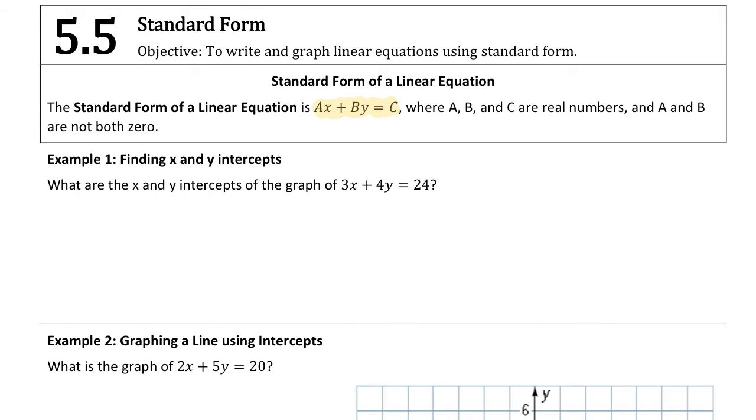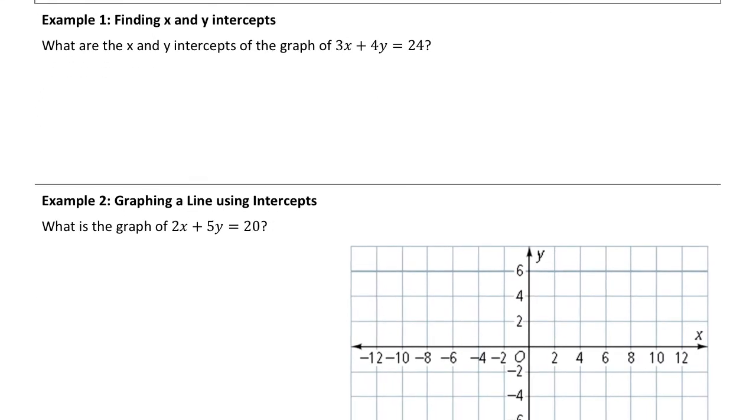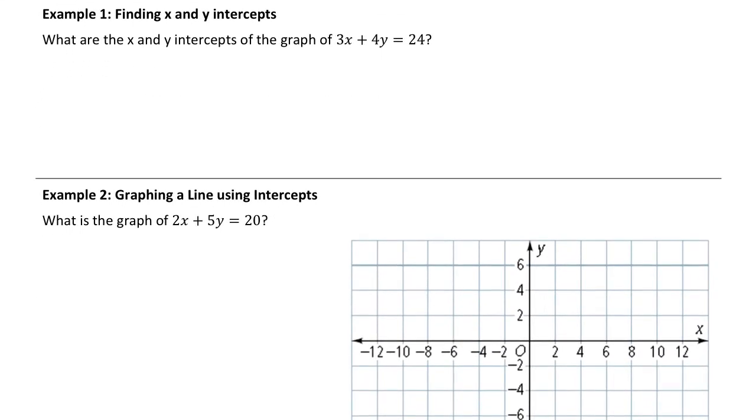So what we're going to do is talk about x and y intercepts of a graph and how to find them. So I'm going to do a little bit of a drawing here. I'm going to draw a line. And it's x and y intercepts.